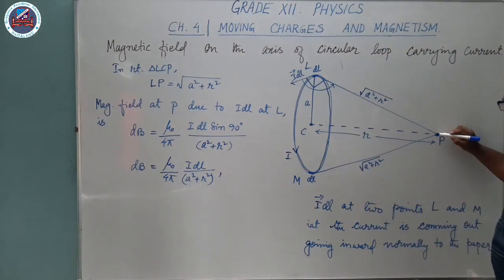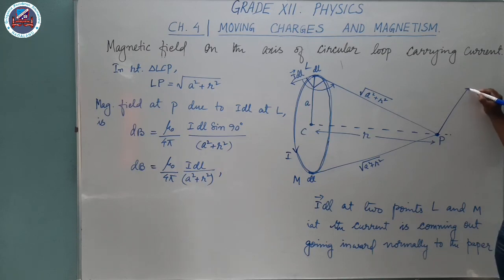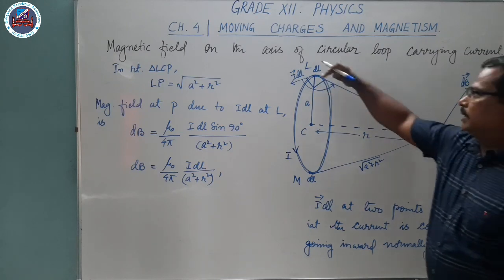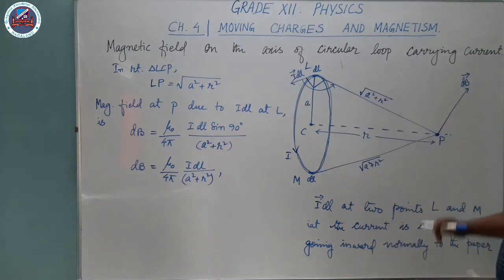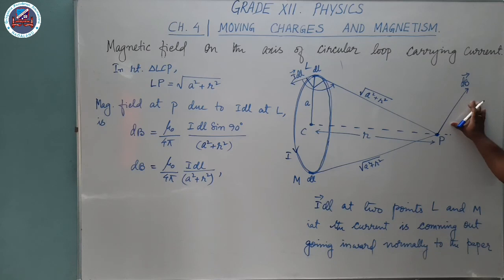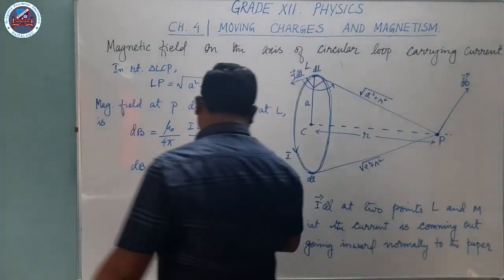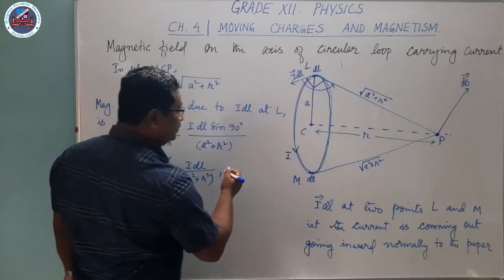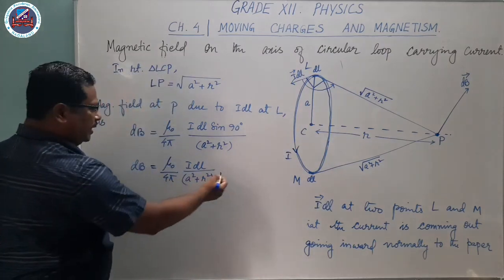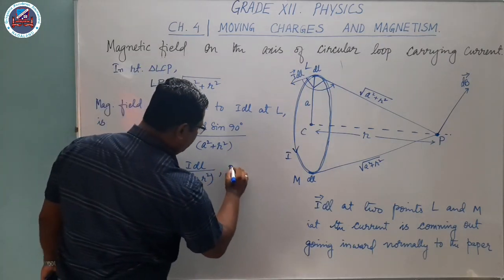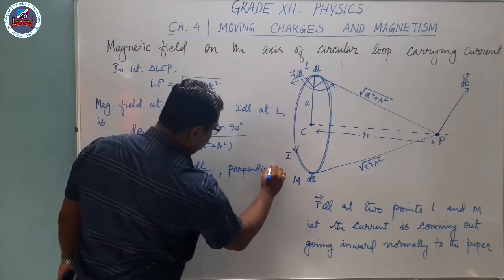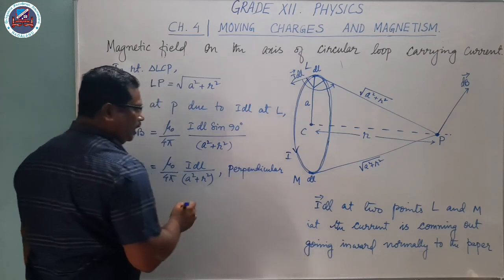So the direction will be upwards, perpendicular to both of them, this distance as well as Idl. So along dB, the direction will be perpendicular, upwards.